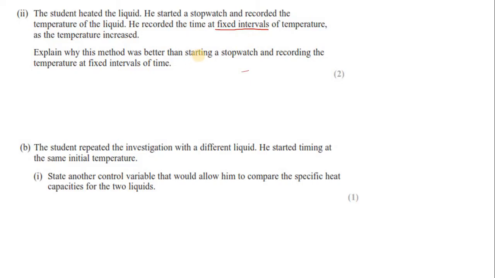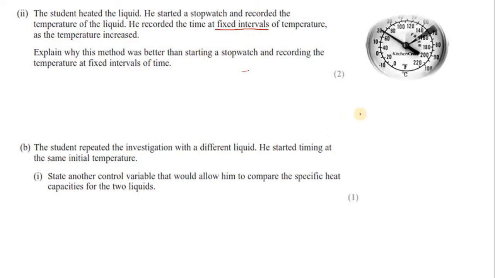The reason is resolution. If you see the thermometer, the resolution, as we have already found, is 5 degrees Celsius. So if the needle is in between any two numbers, suppose the reading is there, like here, something like this, this is the reading.